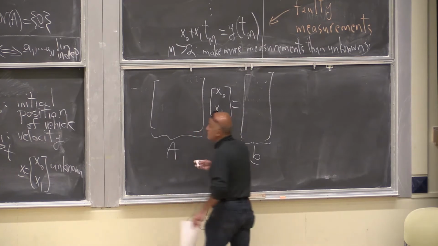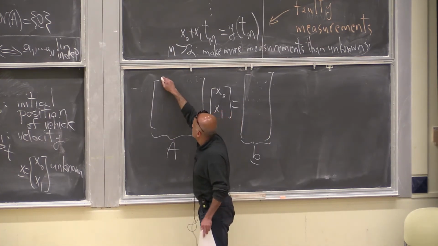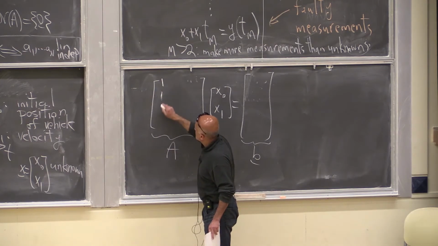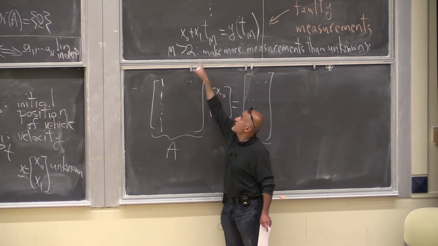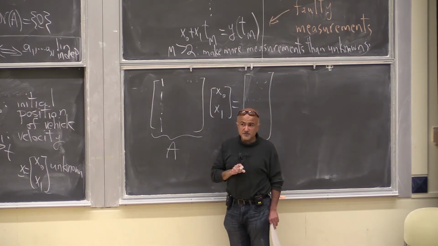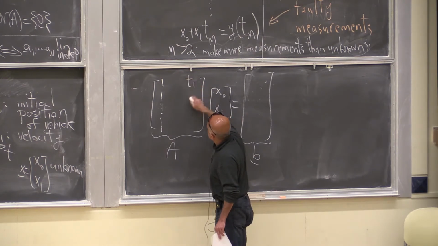The first column of A will be all ones. x naught appears as x naught in every equation. So the first column is all ones. What's the second column? T1 through Tm.